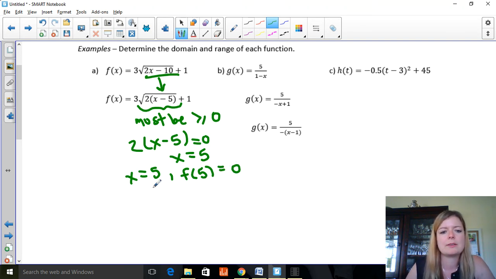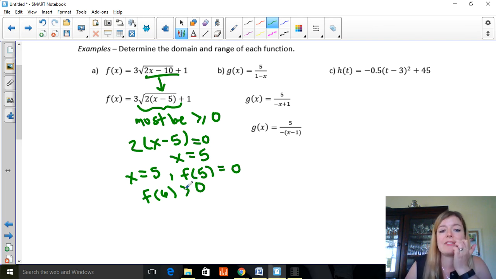That's what we just did. But if I put in something just above 5, so f of 6, do I get a positive or a negative number? Well, 6 minus 5 is 1, 2 times 1 is 2, etc. That's not going to break the function. So that gives me a positive number.